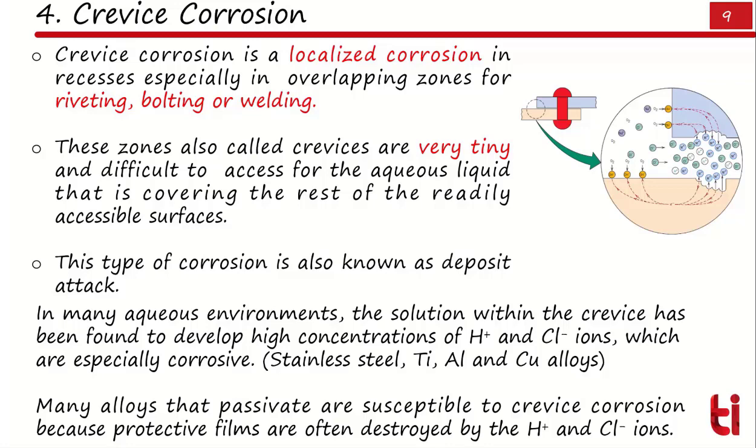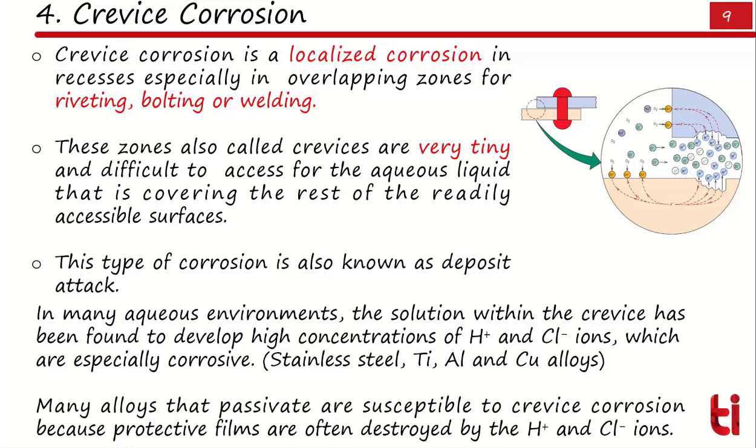So materials like stainless steel, aluminum and copper alloys undergo rapid corrosion in the marine environment. Many alloys that passivate are susceptible to crevice corrosion because protective films are often destroyed by H+ and Cl- ions.